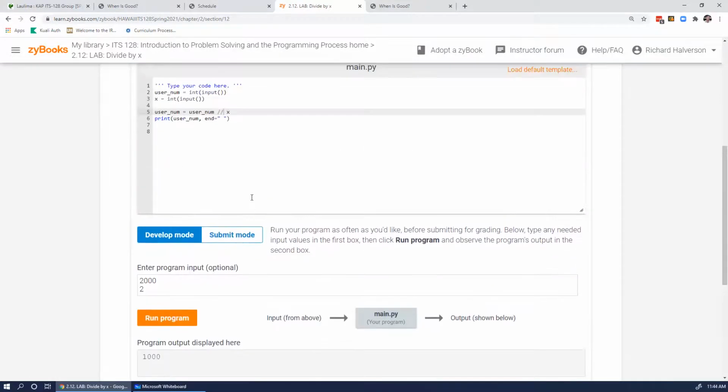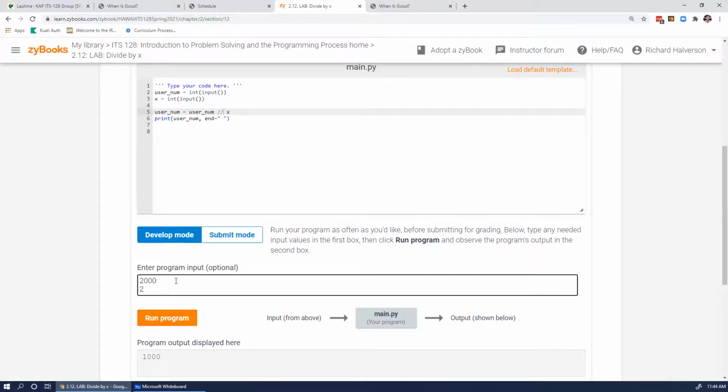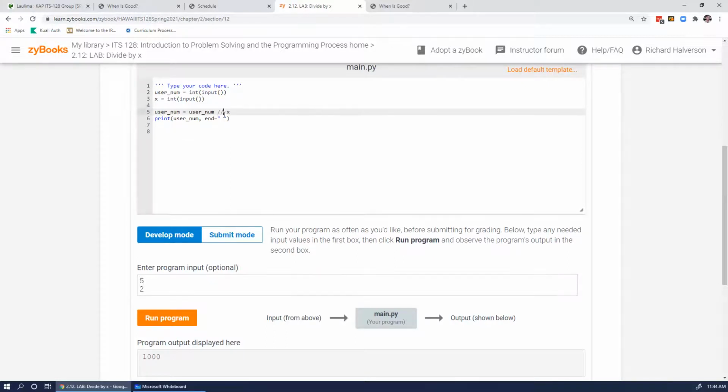Now, I'll show you the difference between integer divide and integer. Let's do 5 divided by 2. Regular divide. Oops. 5 divided by 2 regular divide, and we get that.